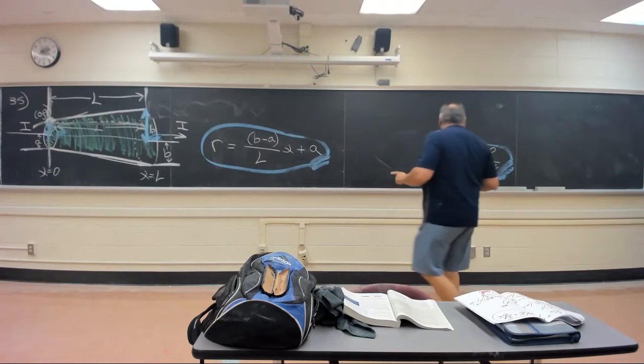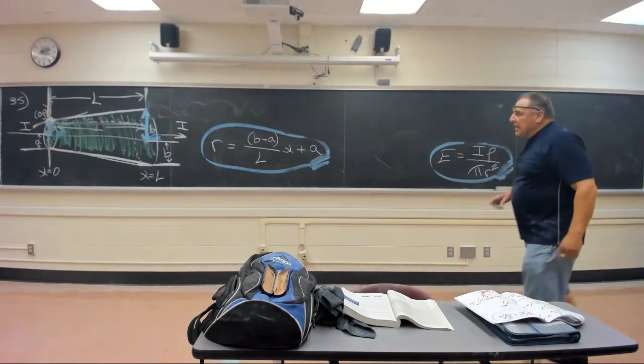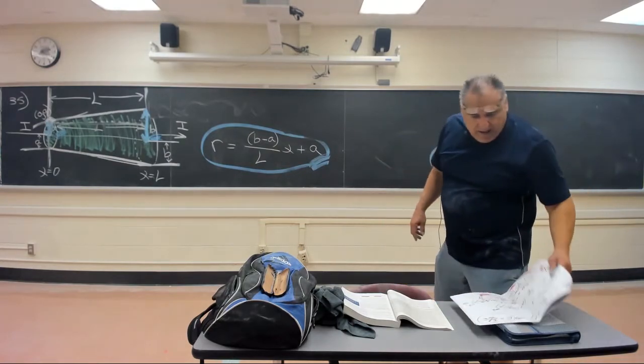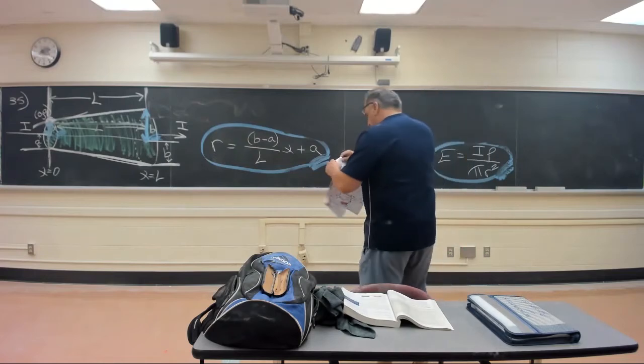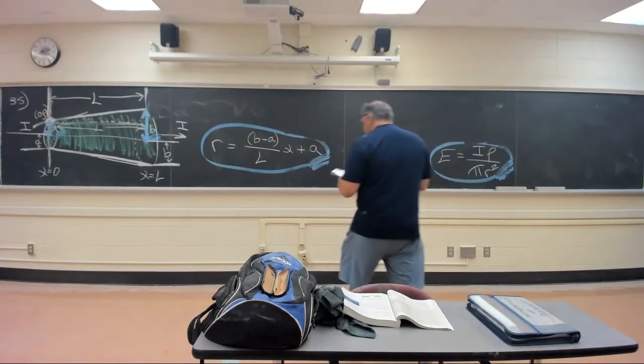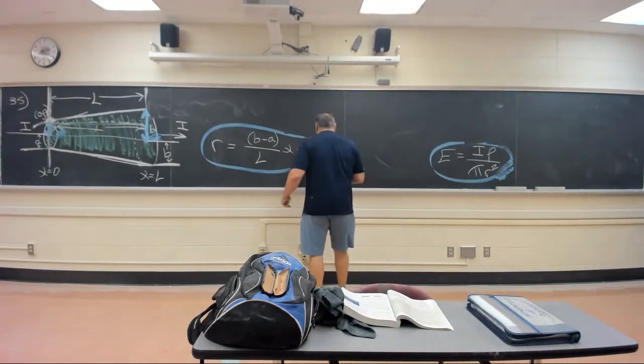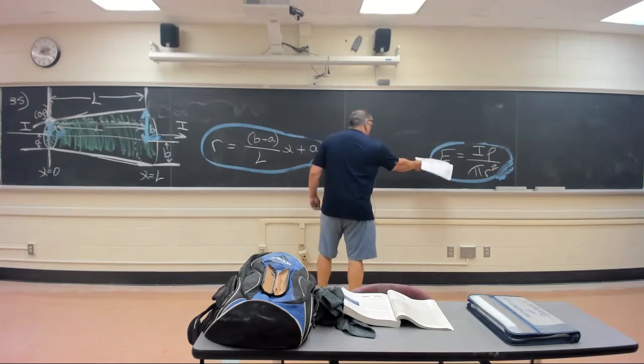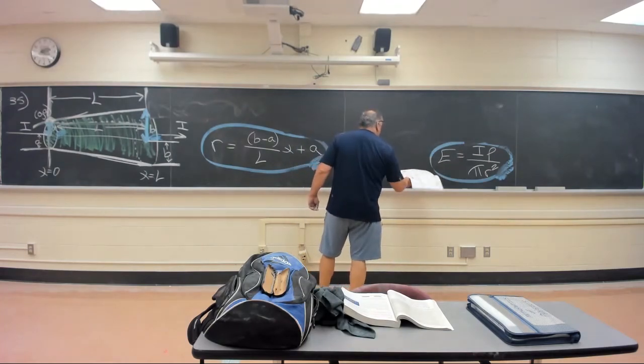All right, we got this. So let's see what we can say. The way I did the argument, the things about which we have spoken imply a lot here. Well, let's look at E. E equals I rho over the product pi r squared.